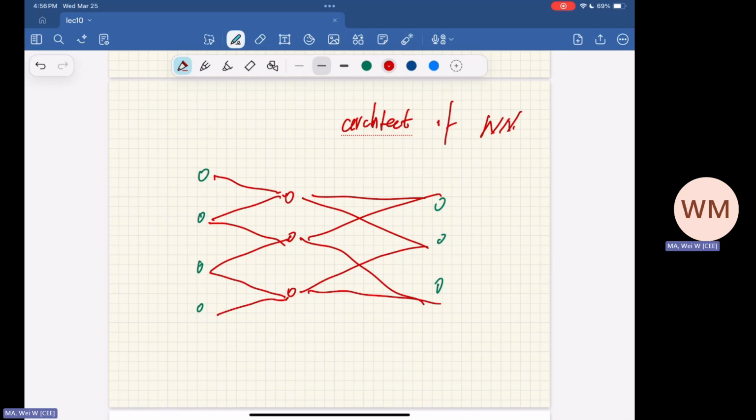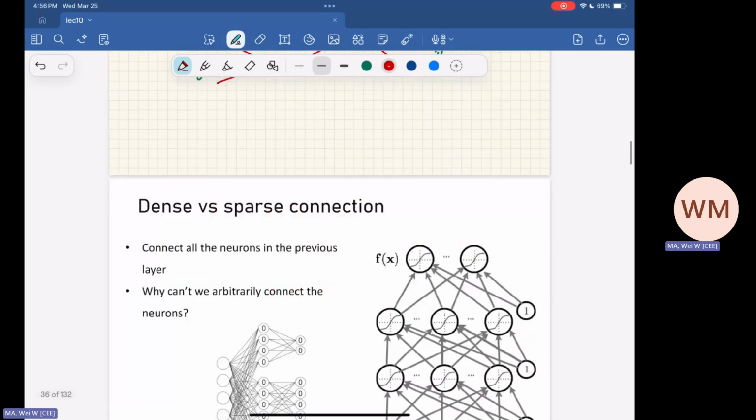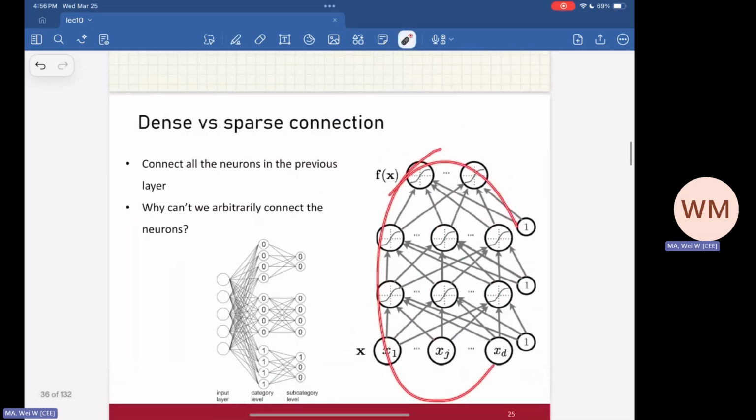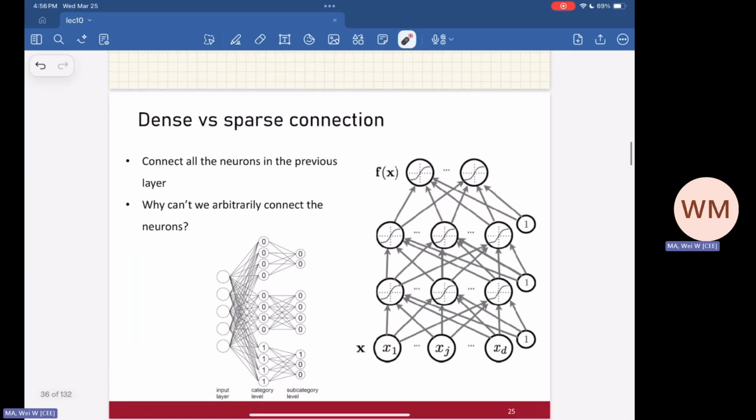So let me show you the slides first. You can see here, this is the original traditional one. We call it fully connected. I think now you understand what fully connected means. Fully connected means that all the neurons here are connected to all the neurons here, and all the neurons here are connected to here. If there is fully connected, I can also do partial connectivity. This is an example.